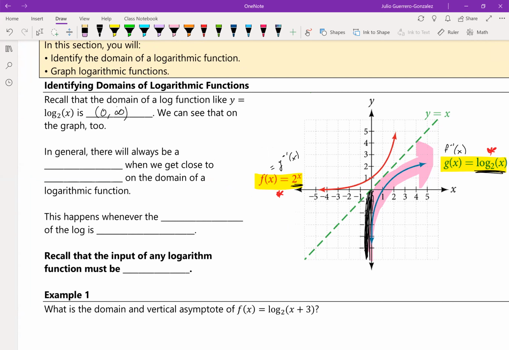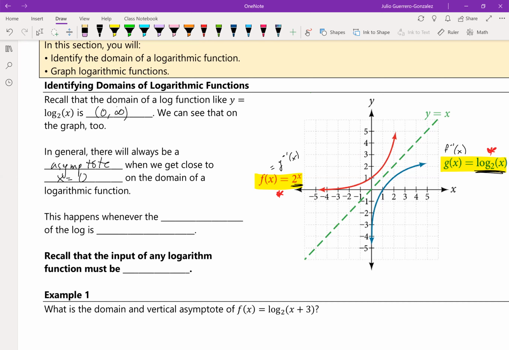A couple things about log base 2 or log in general. On a basic graph, vanilla logarithm, there will always be an asymptote right here at x equals 0.